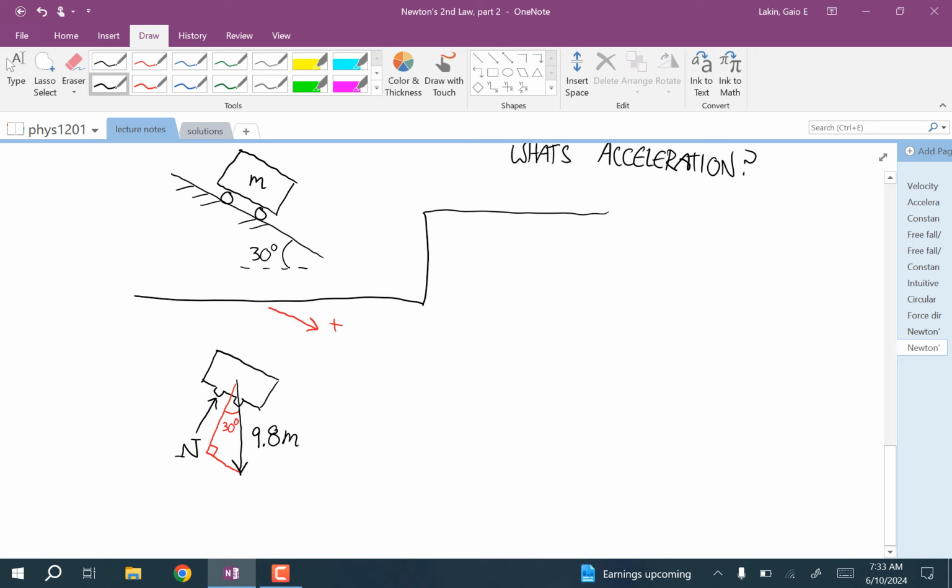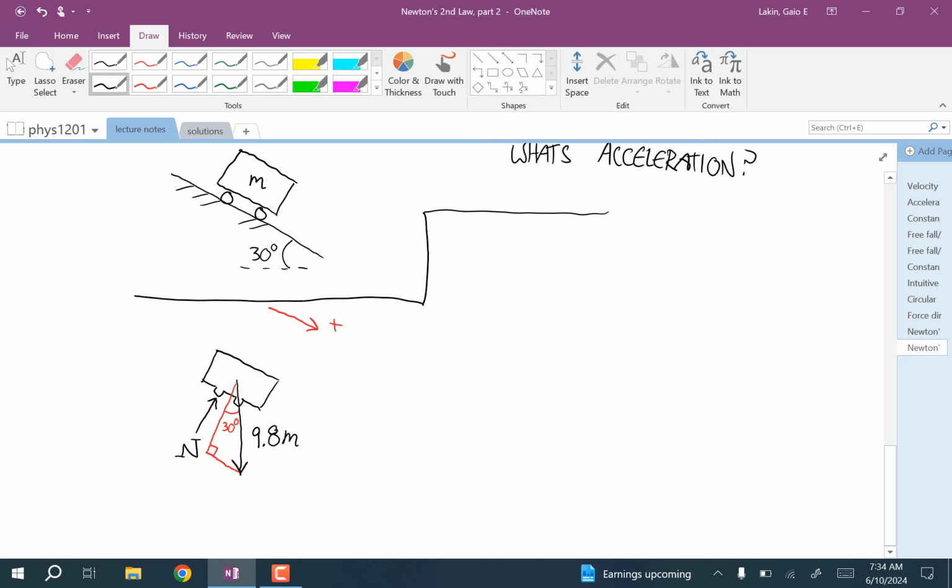And we have to think about the sign of this component. To do that, think about whether this weight force, 9.8 m, is less than 90 degrees or more than 90 degrees from the positive direction. In this case, it's less than 90 degrees. It's within 90 degrees.